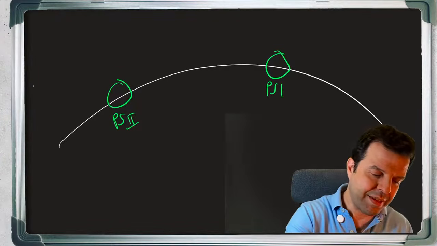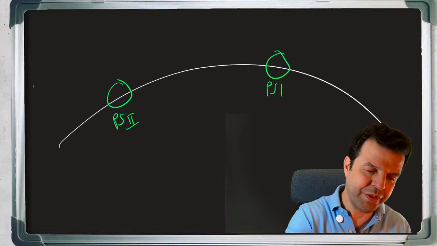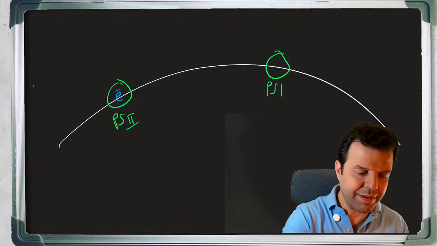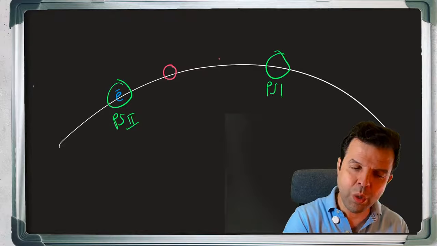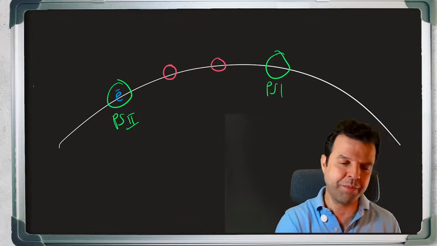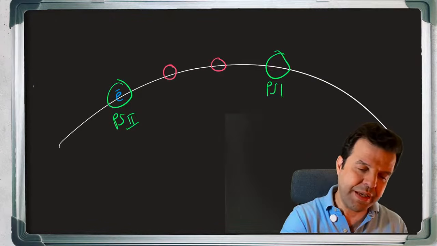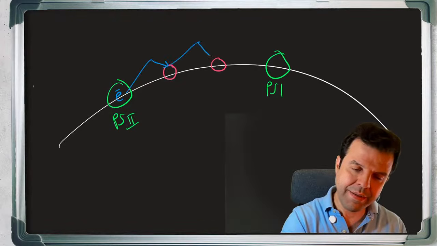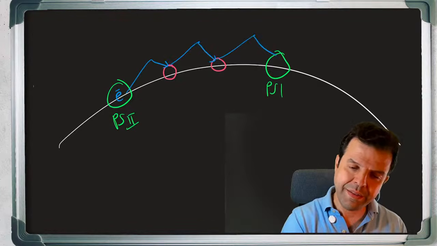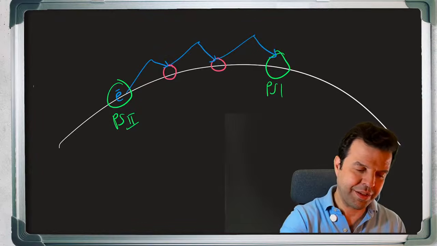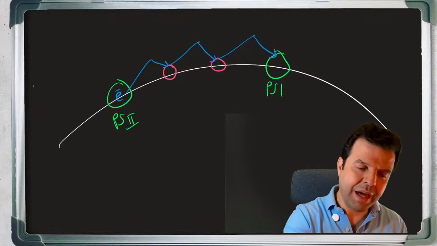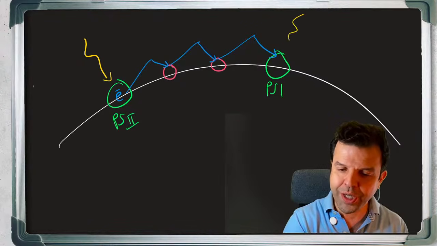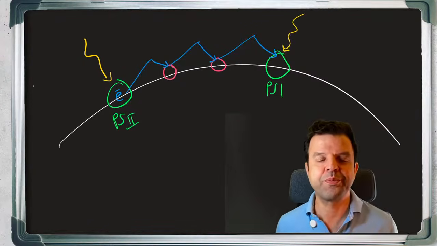I need some electron like this, and I need some carriers. 1, 2 carriers maybe here, okay? The electron is gonna flow like that, through that electron transport chain. I'll give it some light here, photons of light, and light here.